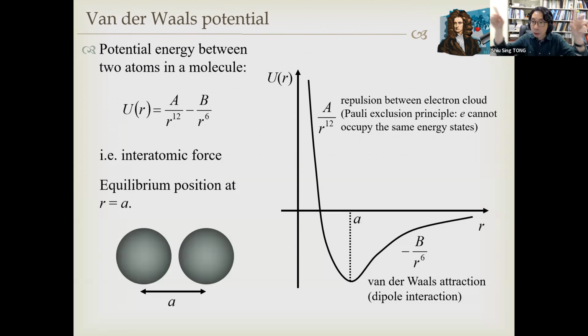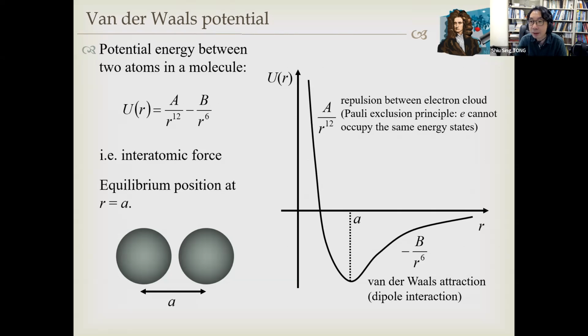So when the two atoms approach each other, the outermost shell electrons are trying to squeeze together. The two electron clouds would tend to overlap. And the Pauli exclusion principle says that electrons are fermions, a special kind of particles. They do not like to be squeezed into the same energy state. And if you do so, they will exert a very strong force to oppose that. That's called the Pauli exclusion principle. And you can explain it only from the point of view of quantum mechanics. Okay, that's a quantum phenomenon.